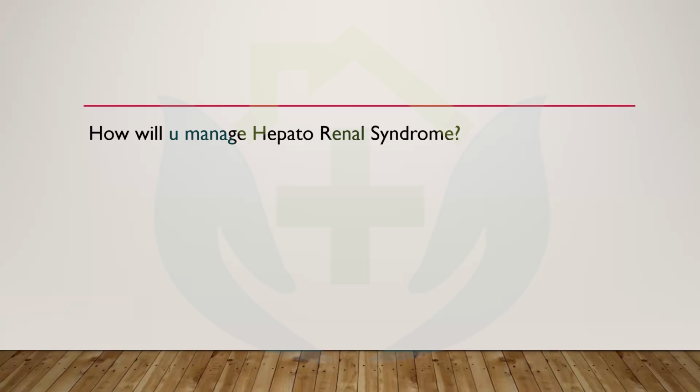We can use also terlipressin, and before also we can use midodrine and octreotide both together. But norepinephrine or terlipressin preferred, with correction of hypoalbuminemia. If failed, we can use TIPS. Okay, okay. Fine enough.